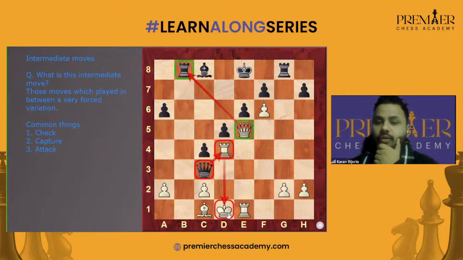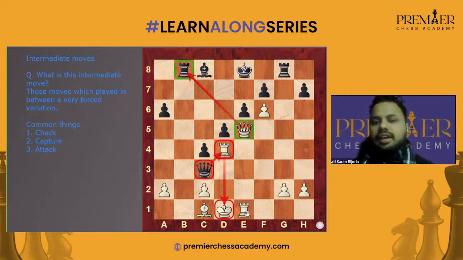So what white thought was, if I capture the rook, you will capture my rook. That's bad, because I want you to be attacked, not you attack me, right? That's the basic theory.